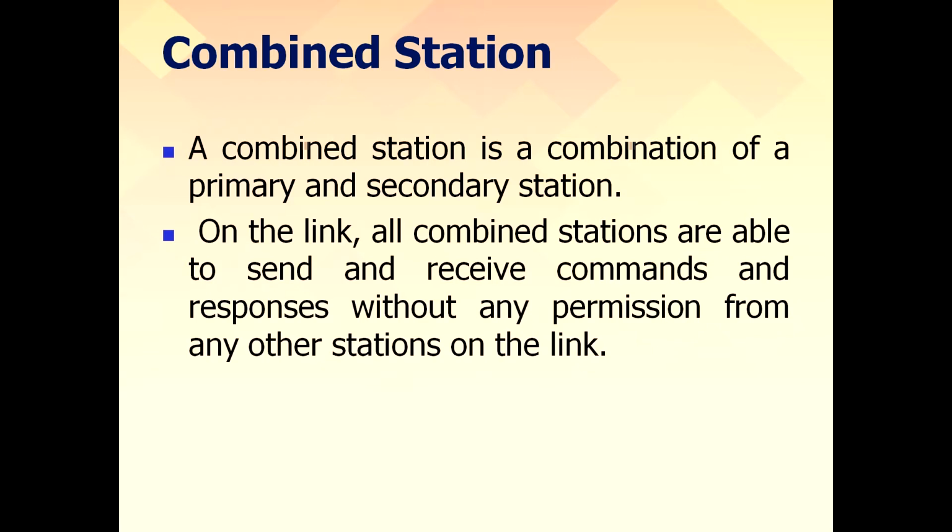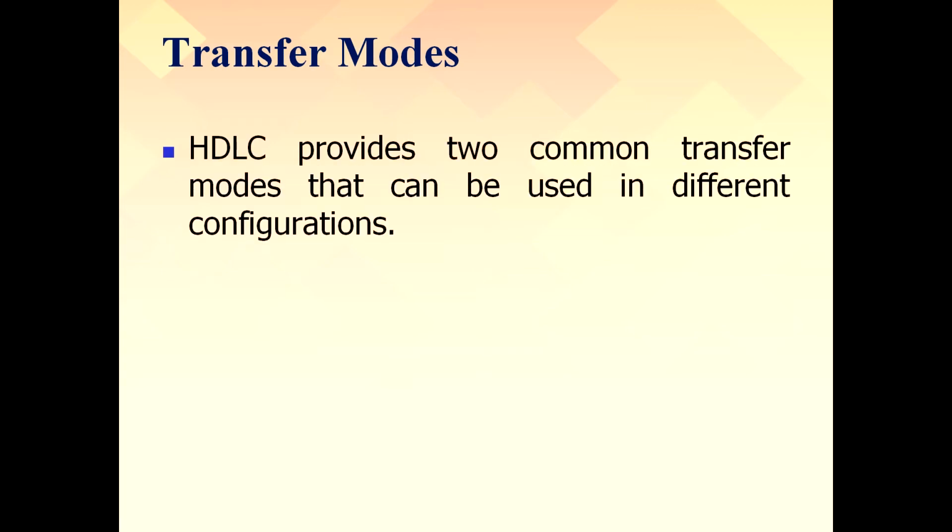Now the next one, transfer modes. Here HDLC, High-level Data Link Control, provides two common transfer modes that can be used in different configurations. In the previous slides, you learned the different configurations: primary station, secondary station, and combined stations.